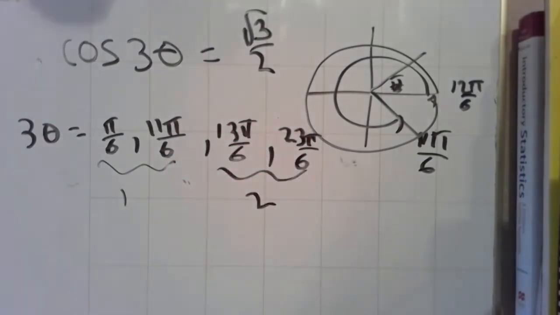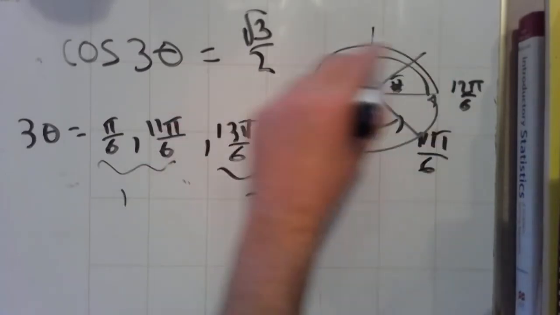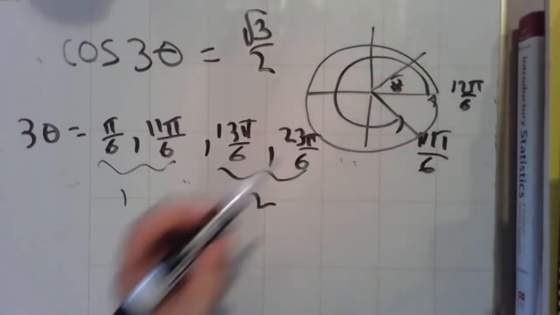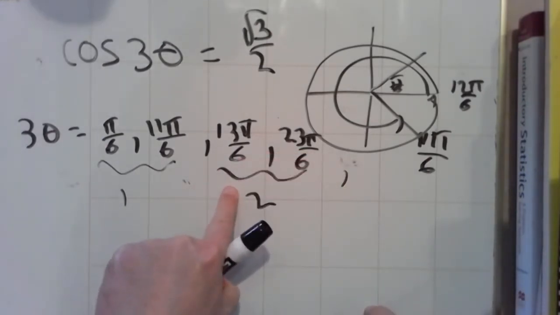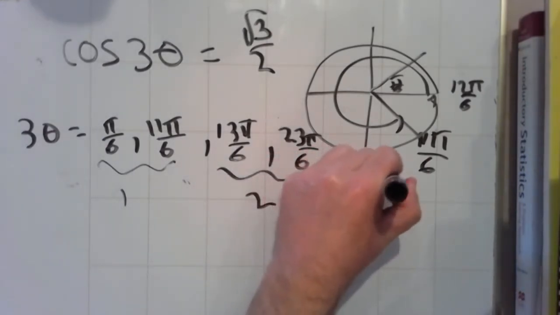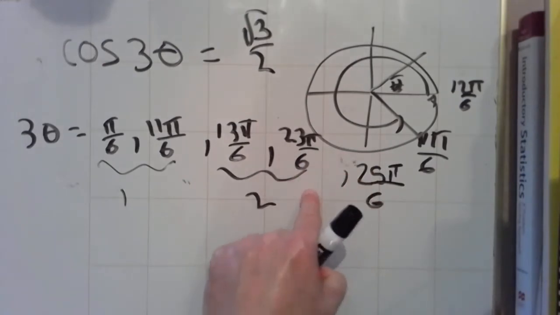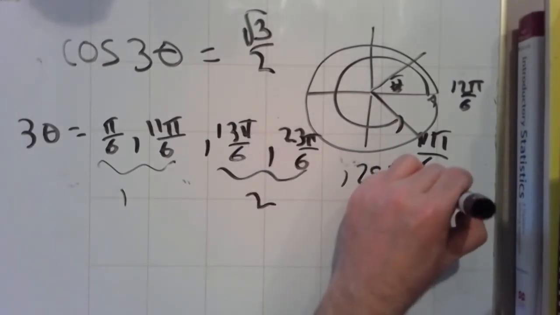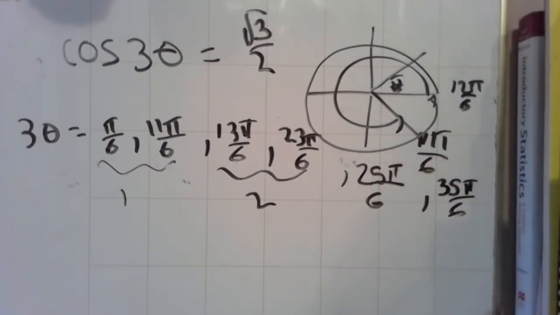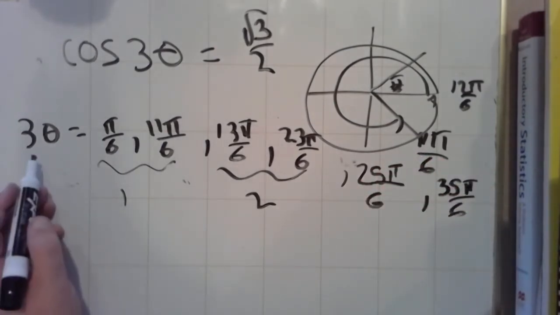That's time number 2. And then again, go around, just keep adding 2 pi. My next one would be add 12 more to him, 25 pi over 6, add 12 to him. So that would be what, 35 pi over 6? Then divide everybody by 3.